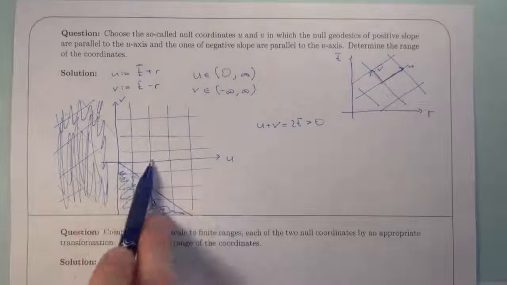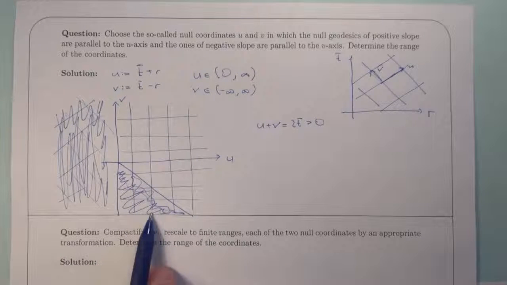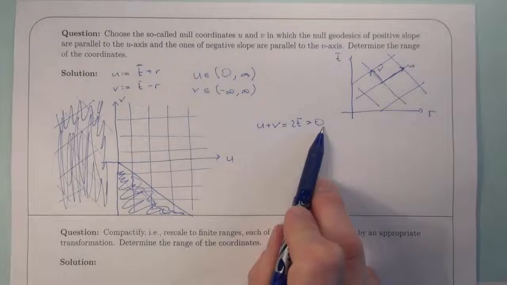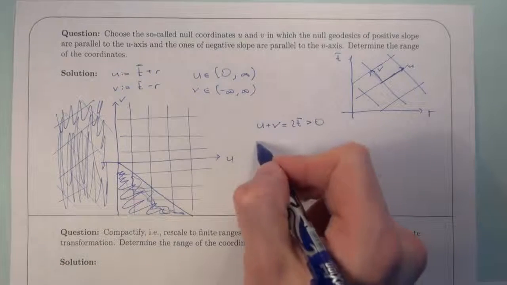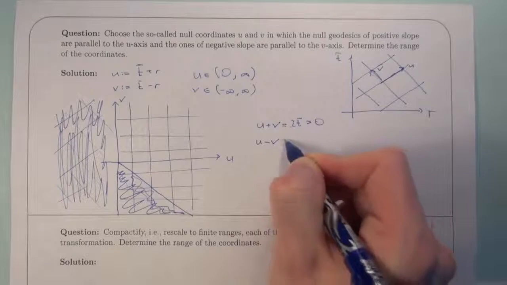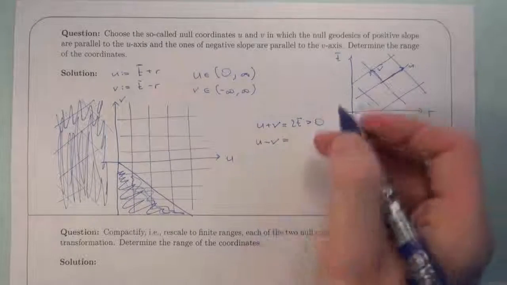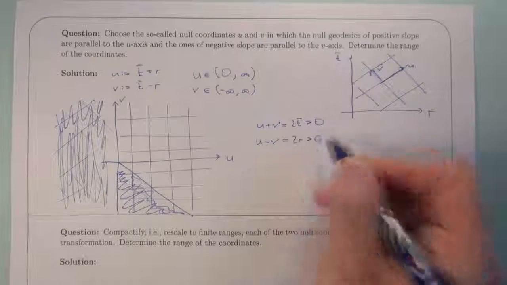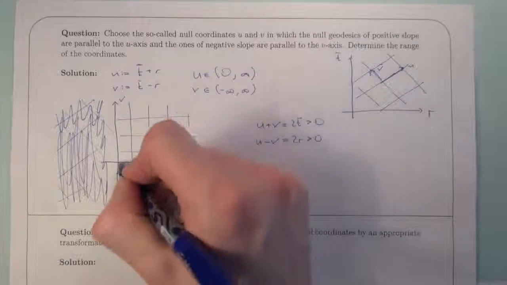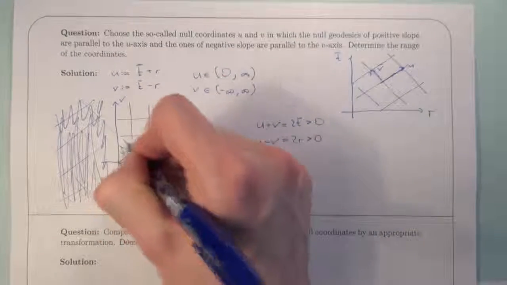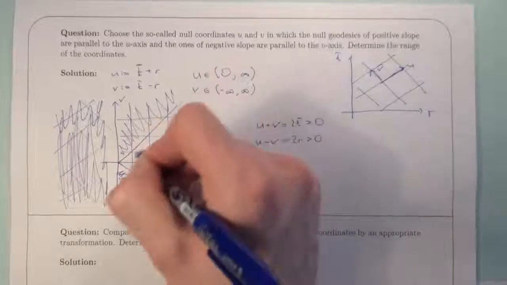Because here, for example, this point, we have u equals 2, for example, and v equals minus 3 or 4, and then this would be negative. So this is excluded. And similarly, we can look at u minus v, which is twice r, which is again greater than 0, and this condition will exclude that part.